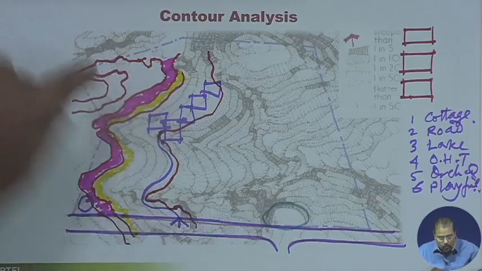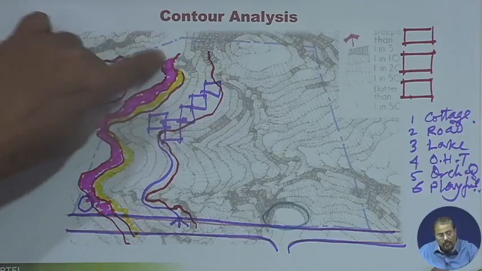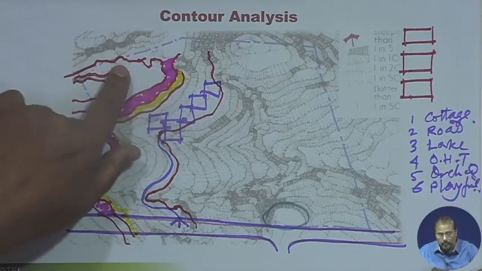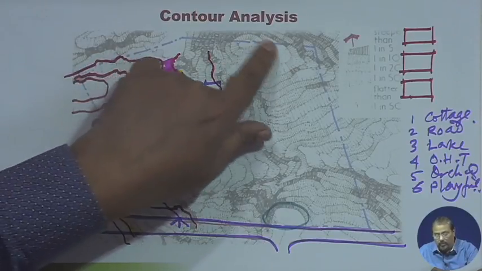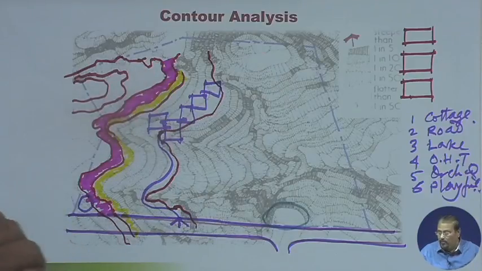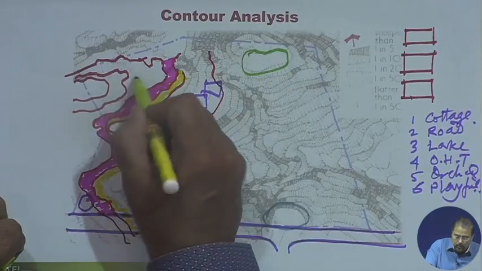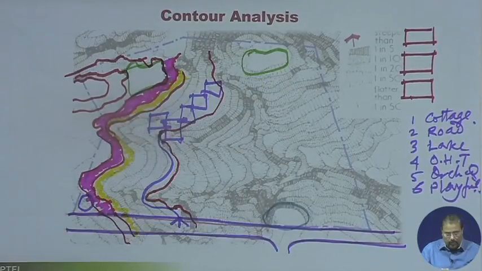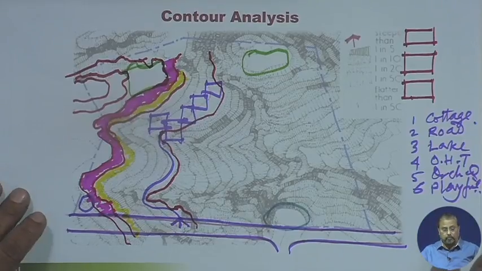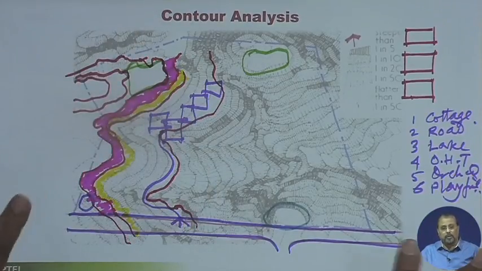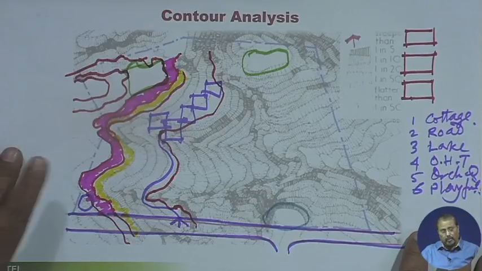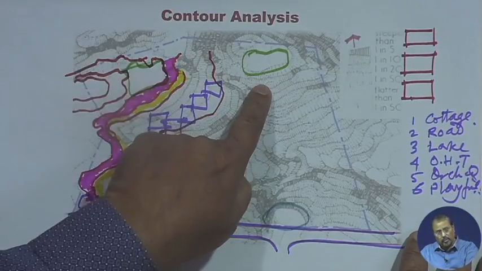So in this particular drawing I have found that with respect to scale, say this is the area which is having the same plane, or this is the area which is having the same plane. So now I have a problem. The problem is that I have 2 options of playfield. One is this area for playfield, another is this area for playfield. My suggestion is, don't get disturbed, keep both for the time being, that this could be a solution or alternately this could be a place.